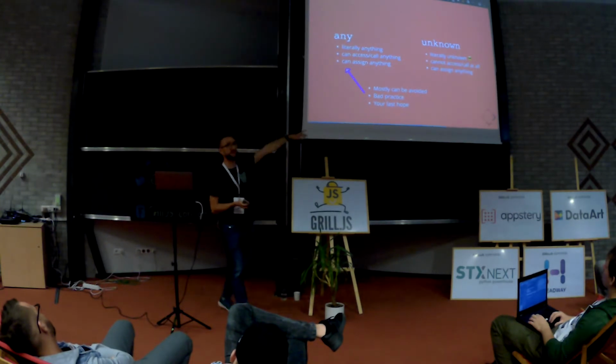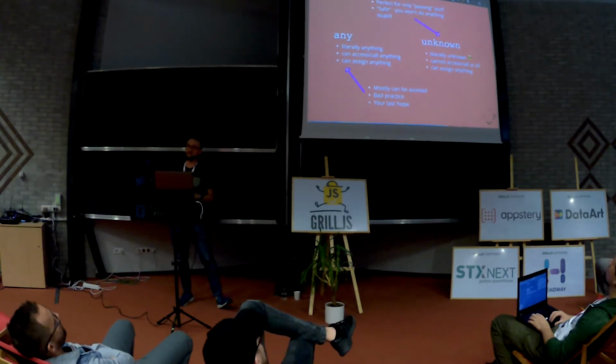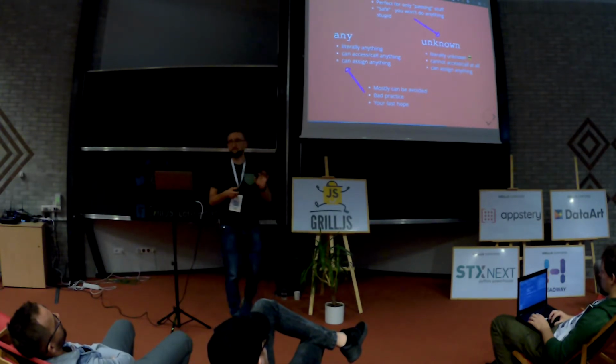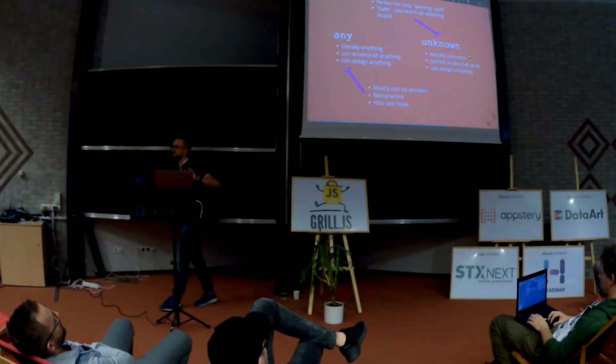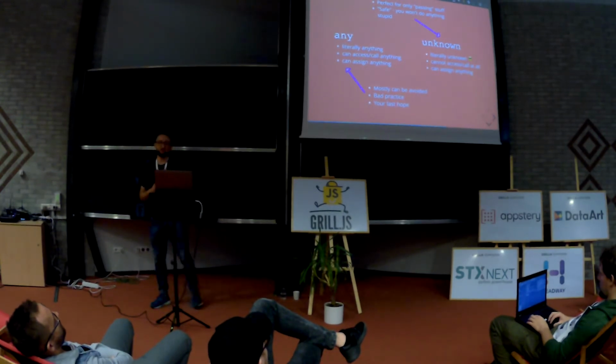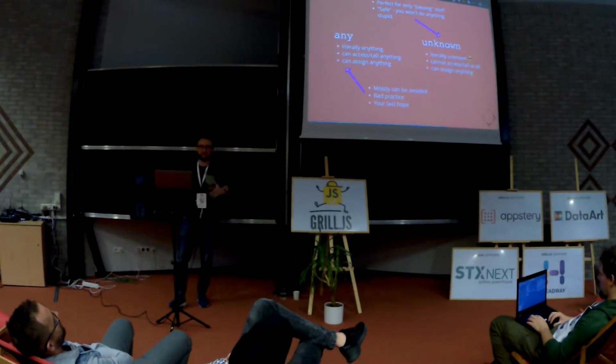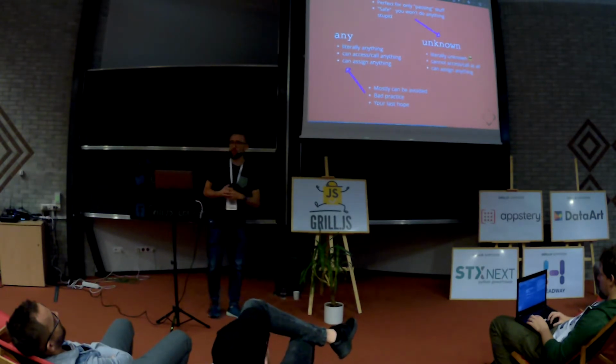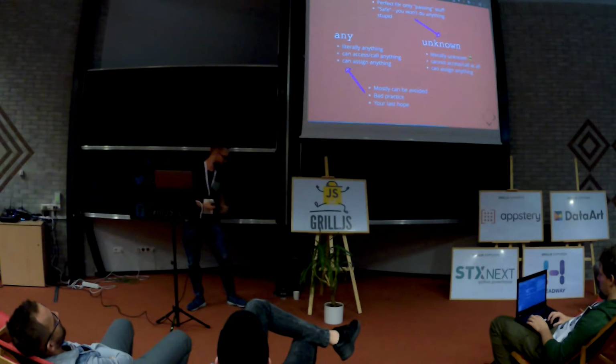But it's still sometimes a solution. Sometimes. And unknown is really perfect for just passing the stuff which you don't want to touch, just want to pass it through your service or application. And it's quite safe. I consider it quite safe because you won't do anything stupid unless you assert to any.